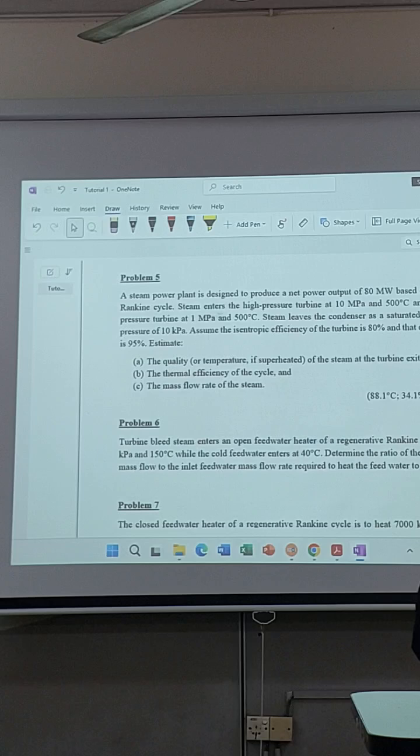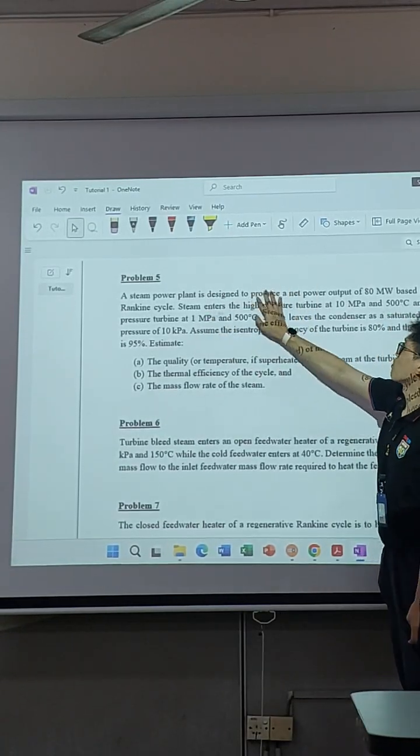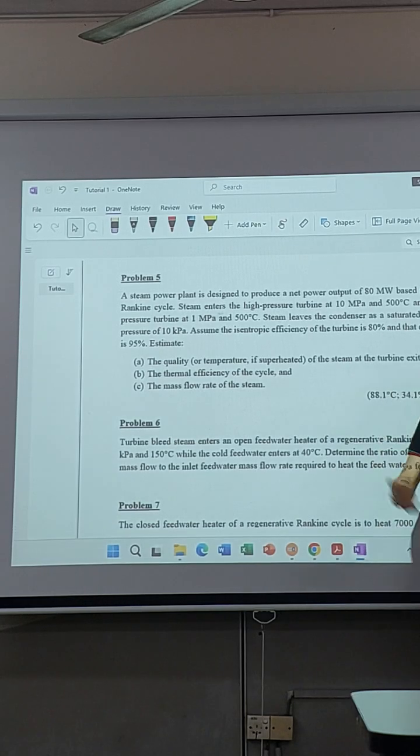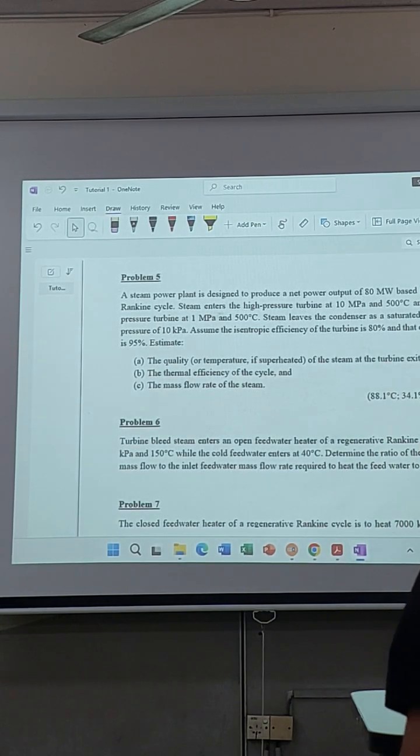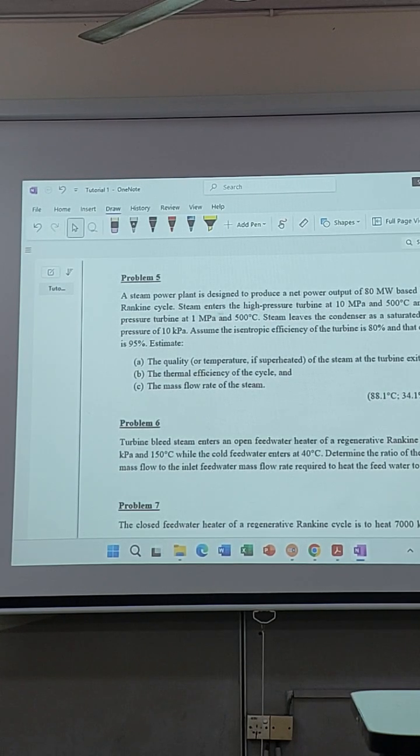Okay? So the steam power plant is designed to produce a net power output. Whether the question says net or not, if it says the power plant is producing this much power, 99% of the time we are talking about net power. Because in a more complicated setup, the pump work itself is taken directly from the output.